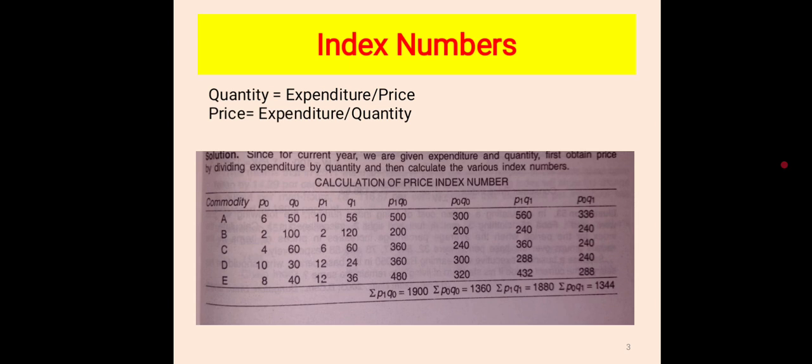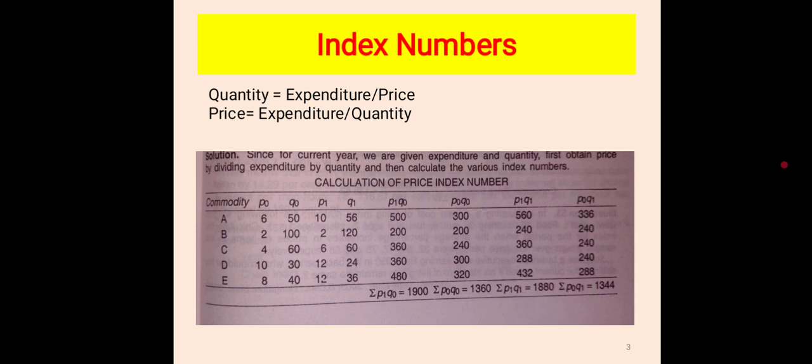Price is equal to expenditure by quantity. If the quantity is not given, then expenditure by price. Since for the current year we are given expenditure and quantity, first obtain price by dividing expenditure by quantity, then calculate the various index numbers.